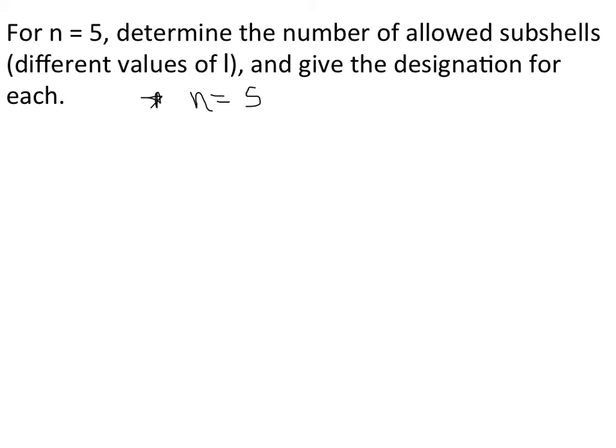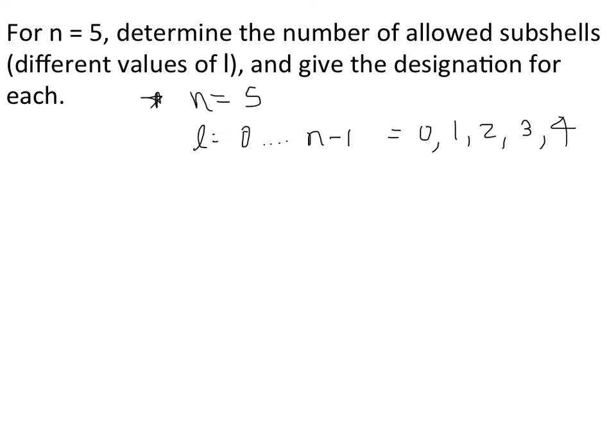Okay, so if I want to determine that number of subshells, I need to look at my L value. I need to figure out what my shapes are going to be. So remember that your L values go from 0 all the way up to n minus 1. So in this case, your L value is going to be 0, 1, 2, 3, and 4.